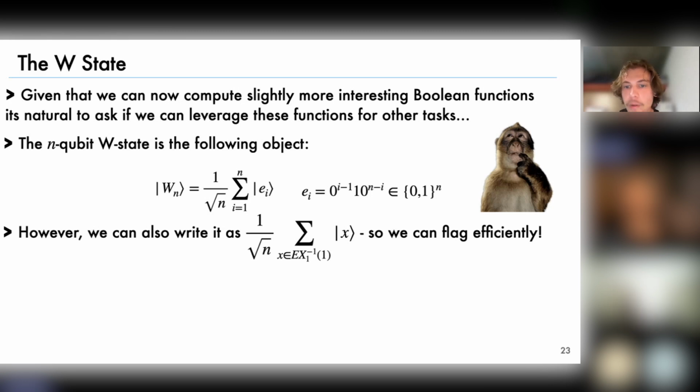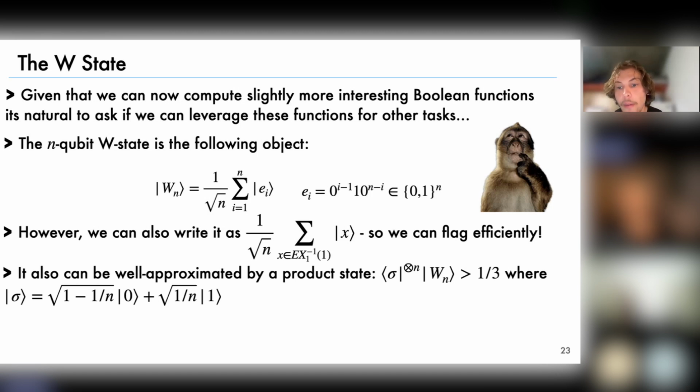We can write the W state as a uniform superposition over the 1 inputs of this exact threshold function, exact 1. What this means is that if we can get some initial approximation of this W state, then we can apply this exact 1 function to tag the relevant part, and then proceed with our amplitude amplification procedure.